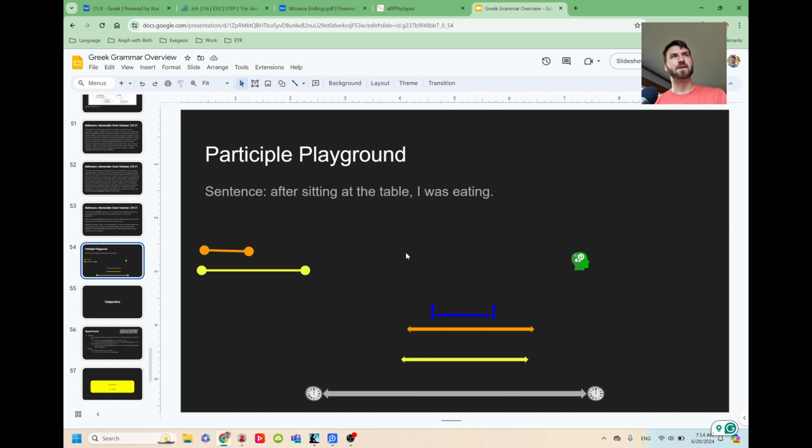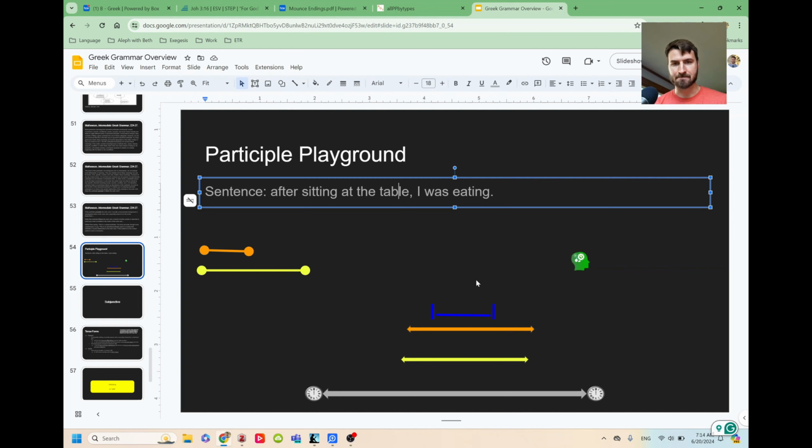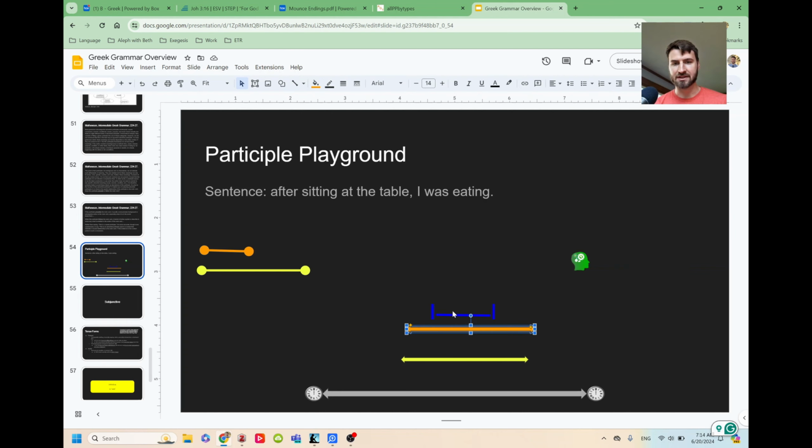But what I just want to emphasize for now, just to make it easier, and this isn't going to hold true once you get into more technical things: here, this is my main verb. I was eating. I'm referring back to this time of eating, and then the participle is giving some sort of background to this.